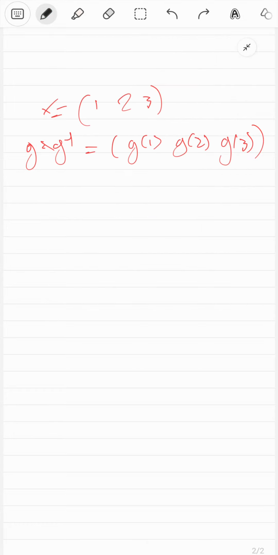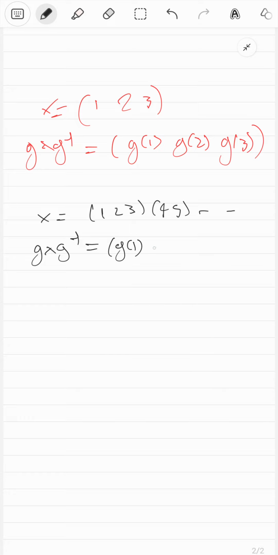And so what we are seeing is that if x is some permutation, let's say 1 2 3 4 5, whatever, and g is any permutation, then g x g inverse is just g of 1, g of 2, g of 3, and then g of 4, g of 5, and so on.